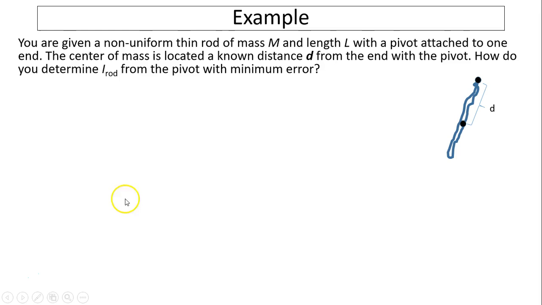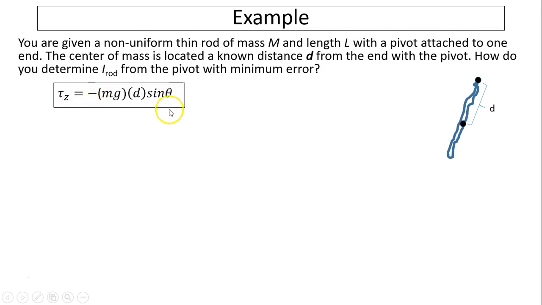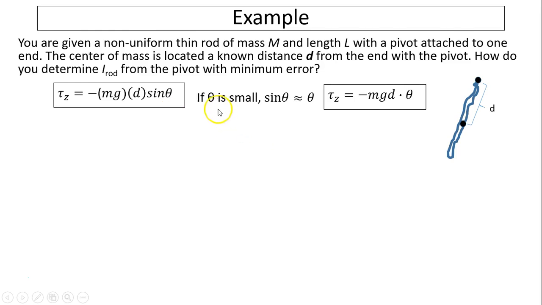So let's derive that equation first. From here, we have the torque equals mg times d times sine theta, right? That's negative mgd sine theta because, again, negative means the torque and the theta are always opposite in direction. If theta is small, sine theta is approximately equal to theta, so torque is directly proportional to theta.